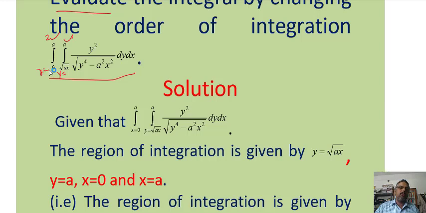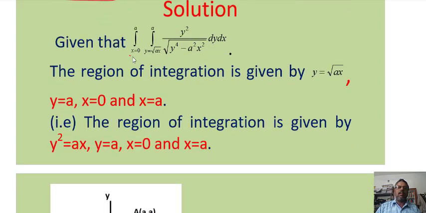Here there are only two variables. Y limits are root of ax to a and x limits are 0 to a. Given that x is 0 to a, y is square root of ax to a, y squared divided by the square root of y to the power 4 minus a squared x squared, dy dx.